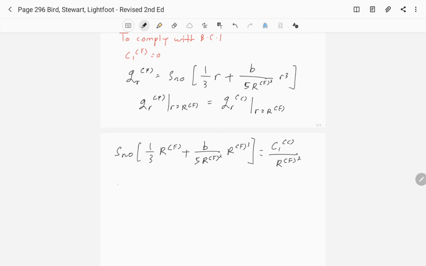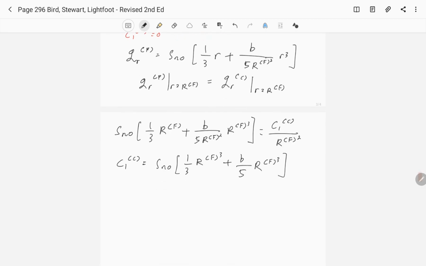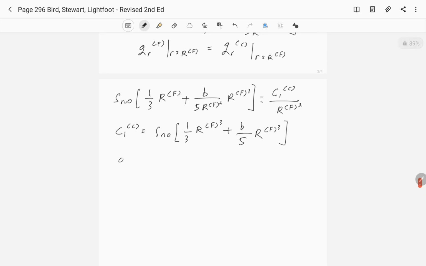Then you will be able to get the constant for the cladding, S_n naught (1/3 r_f raised to 3 plus b divided by 5 r_f raised to 3). And then you will be able to get the expression of the heat flux in the cladding. That will be (1/3 plus b divided by 5) r_f raised to 3 divided by r squared.